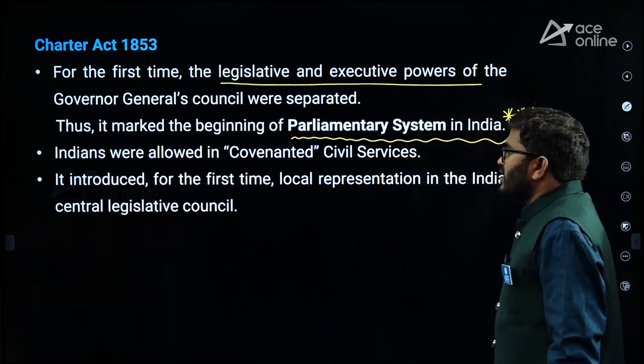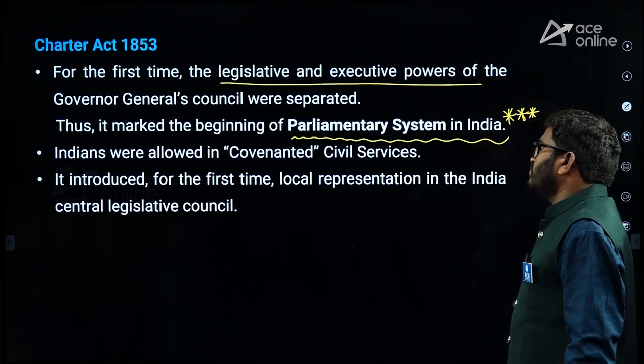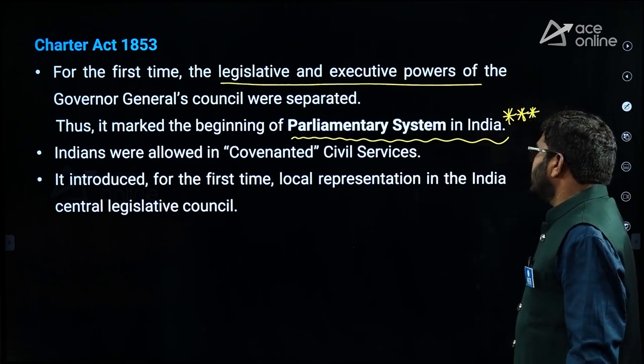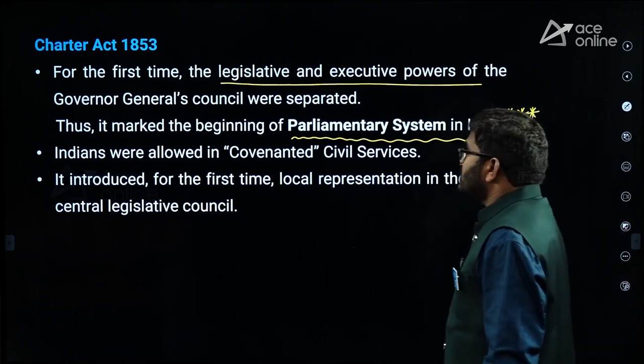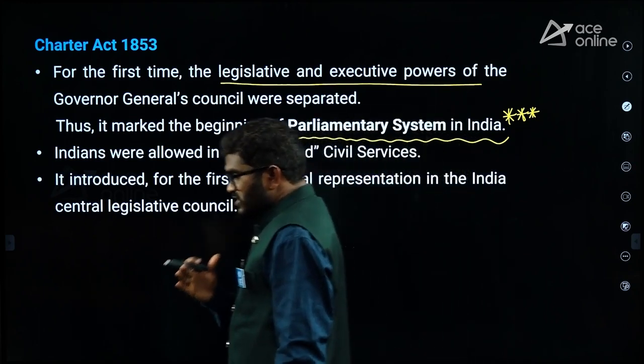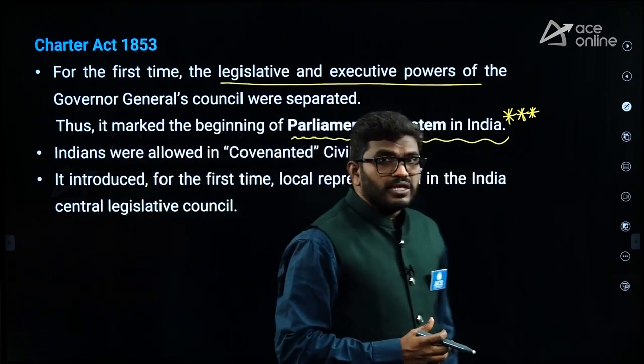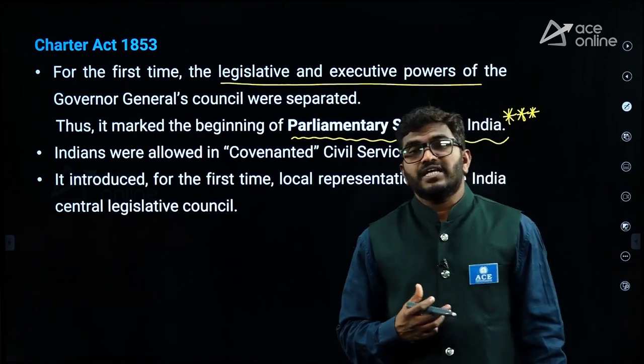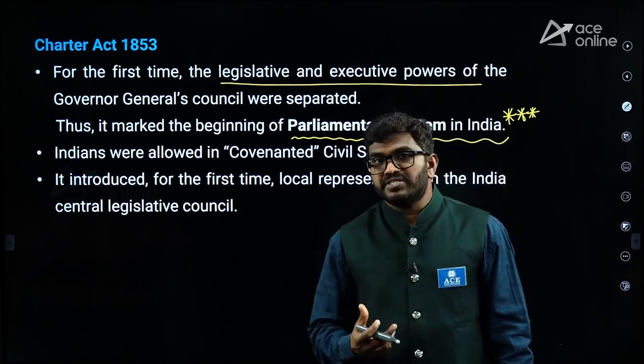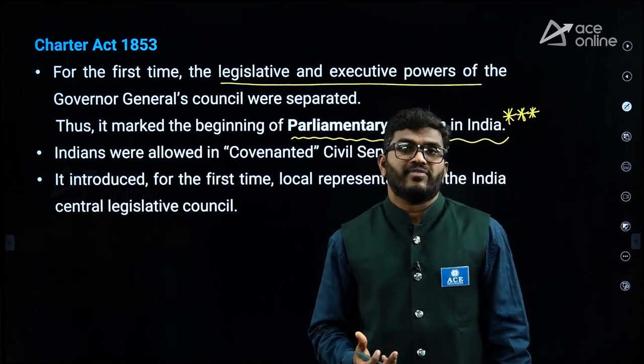It introduced, for the first time, local representation in India in the central legislative council. This is also another basic important initiative. For the central legislative councils, local representatives were also allowed.